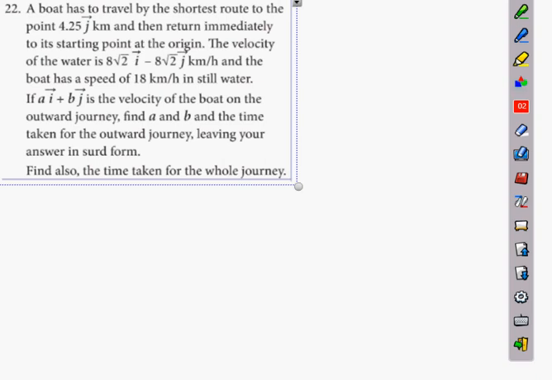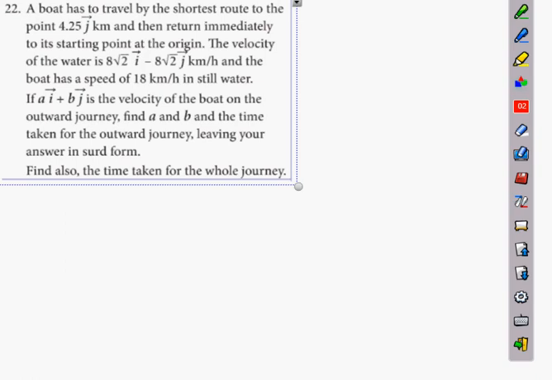And the boat has a speed of 18 kilometers an hour in still water. If ai plus bj is the velocity of the boat on the outward journey, find a and b and the time taken for the outward journey, leaving your answer in surd form. Find also the time taken for the whole journey.